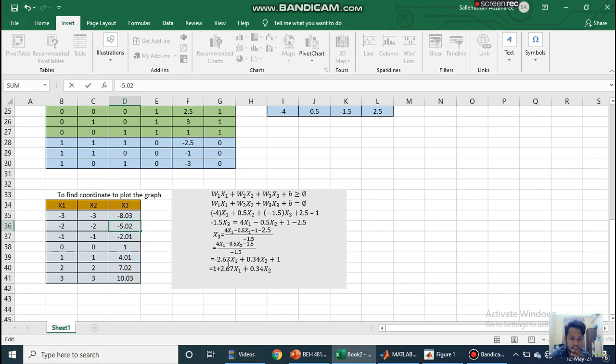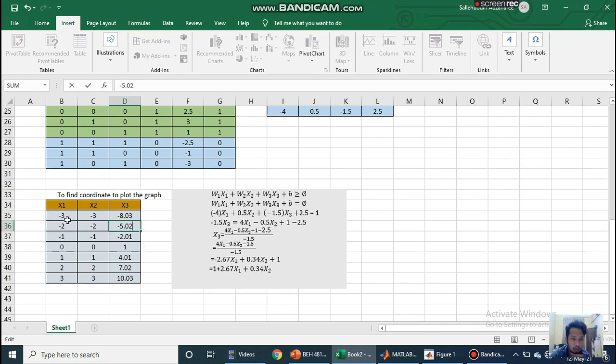After we solve this, we get 2.67 s1 plus 0.34 s2 plus 1.